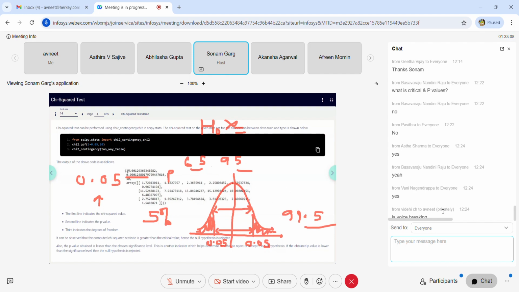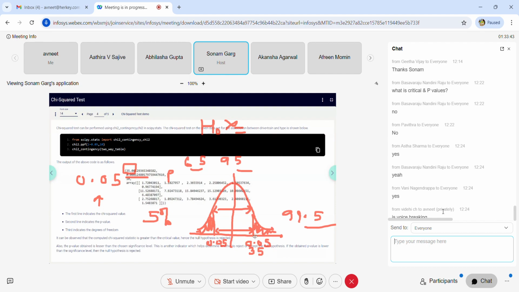The other way is this 35 that you have got here. This is a point of significance level 0.05.